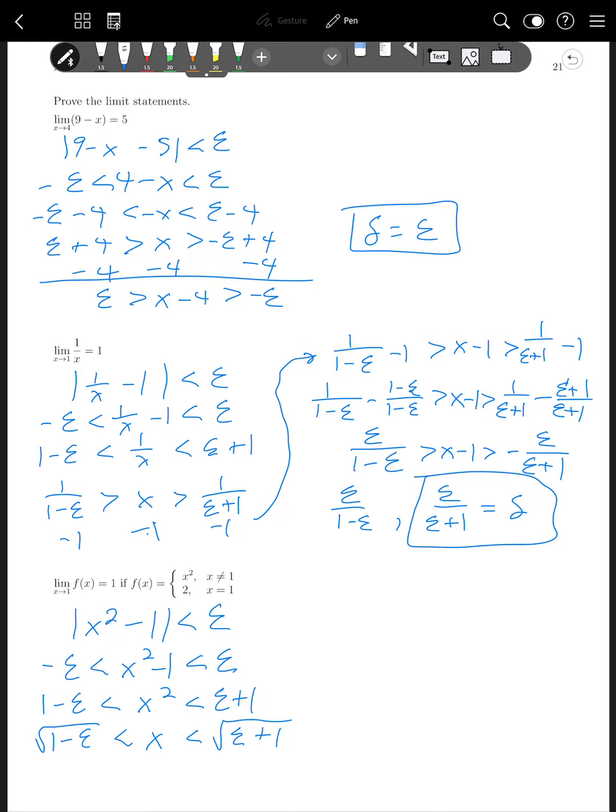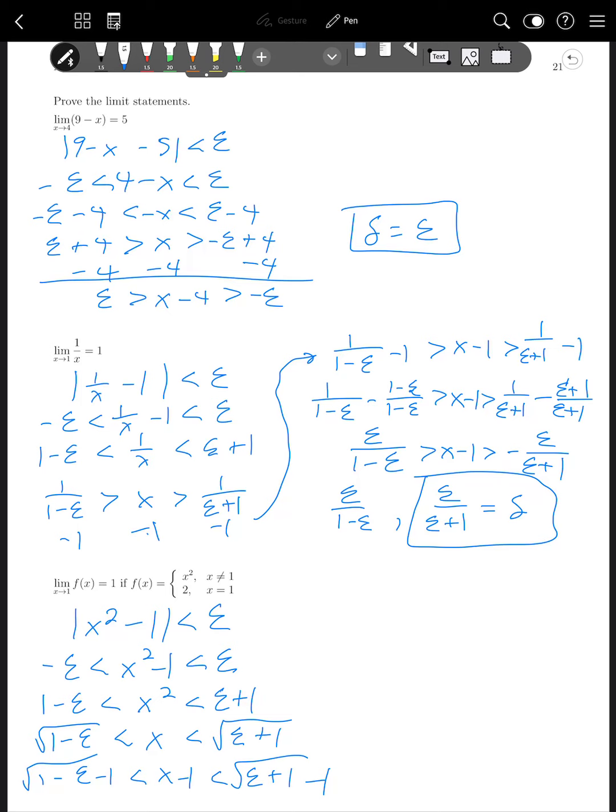Okay, and then you need to get it to 1, so subtract 1. So this is the square root of 1 minus epsilon minus 1 is less than x minus 1, which is less than the square root of epsilon plus 1 minus 1. Okay, and so then you just have to decide which one of those is going to be smaller.